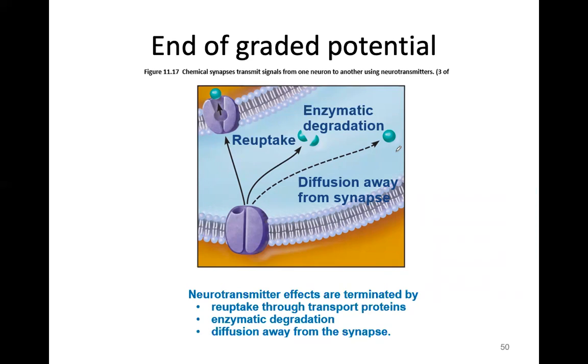You can also break down the neurotransmitter with an enzyme within the synaptic cleft. When it is not the original structure, then it cannot open your ligand-gated channels. Third scenario is when your neurotransmitters literally diffuse away from your synaptic cleft.